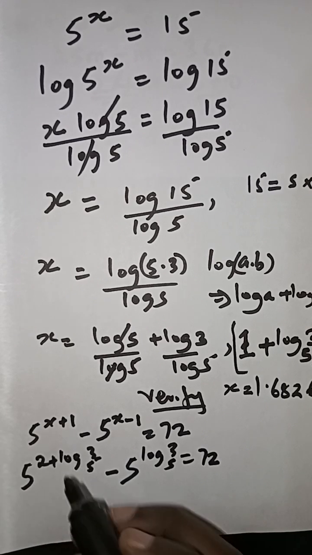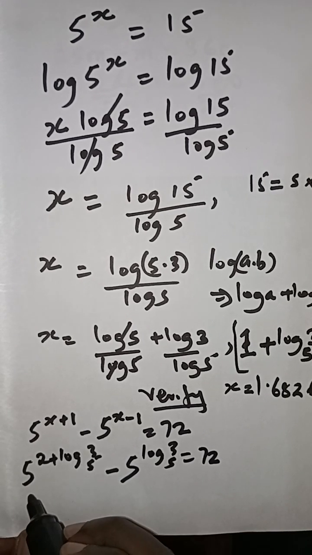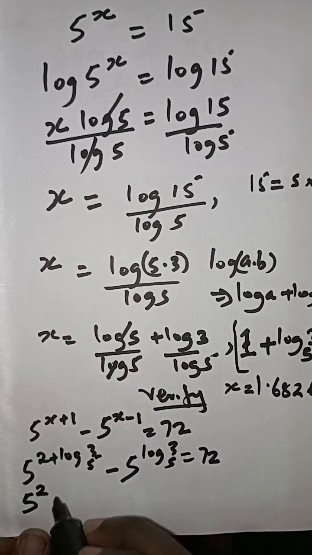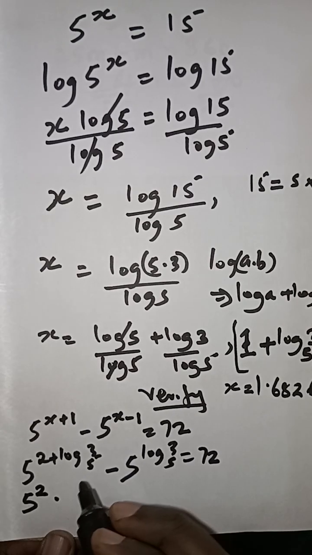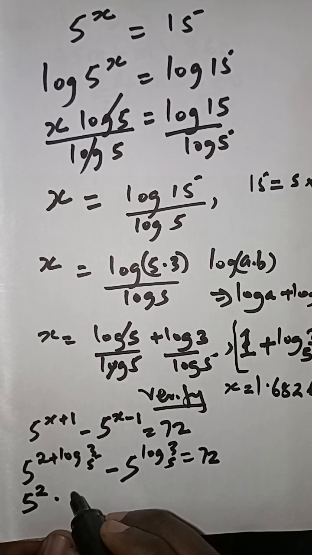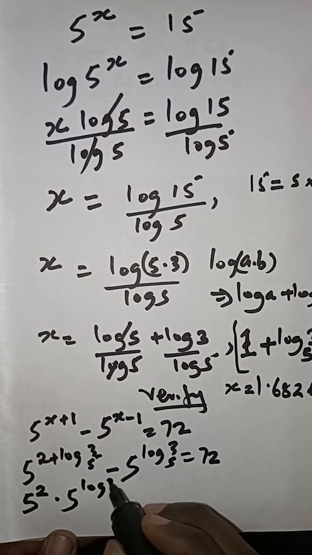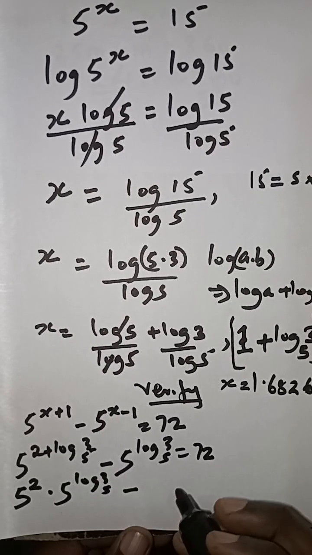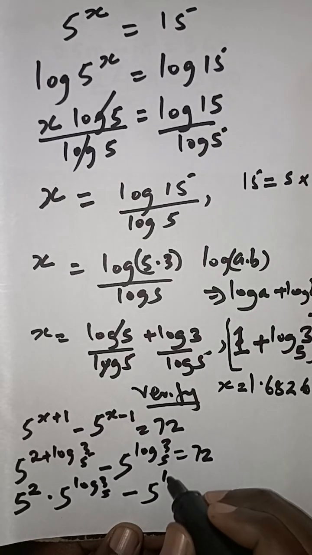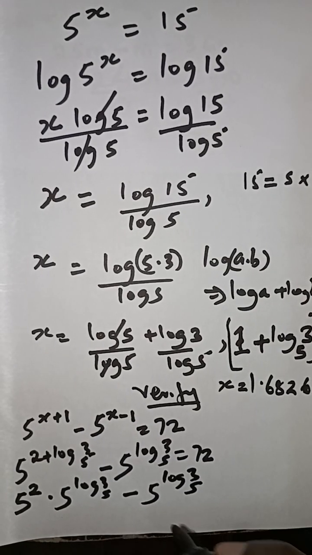These powers are added, so I can separate them by writing 5 to the 2 multiplied by 5 raised to log 3 base 5, minus 5 raised to the log 3 base 5.